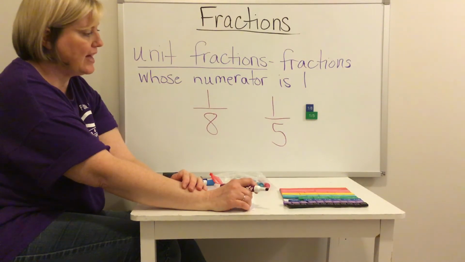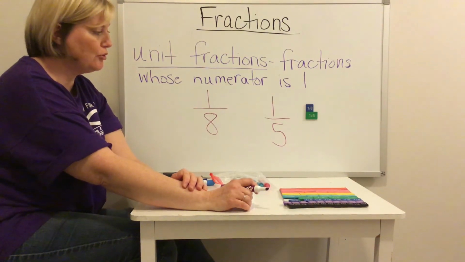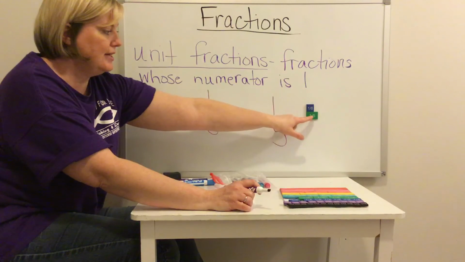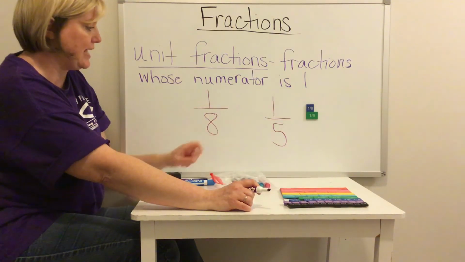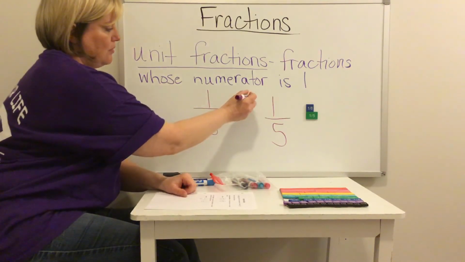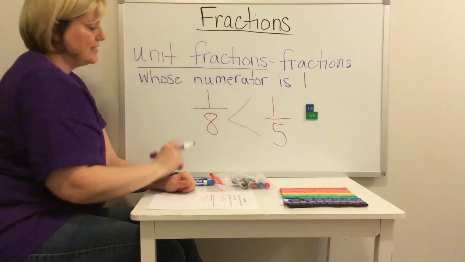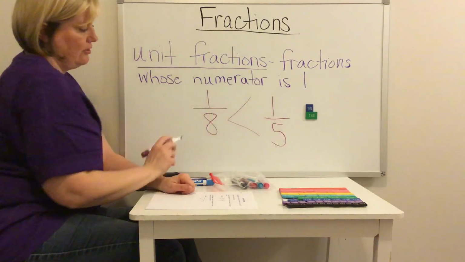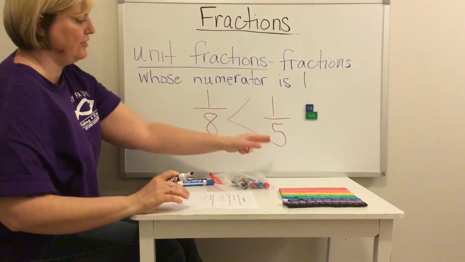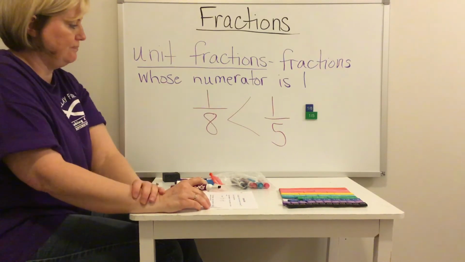Okay, I'm dividing it into a fewer number of pieces if I only divided it into 5 rather than 8. So I would draw the less than symbol. 1/8 is less than 1/5. Okay, because the 1/5 is the bigger fraction.